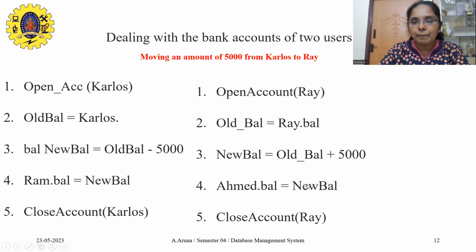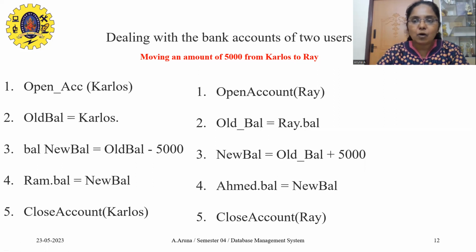Now the new balance is changed into Roy's balance, and then Roy's account is closed. So this is a live process that takes place during the amount transmission, showing how the amount moves from one person to another person. So this is the live example.